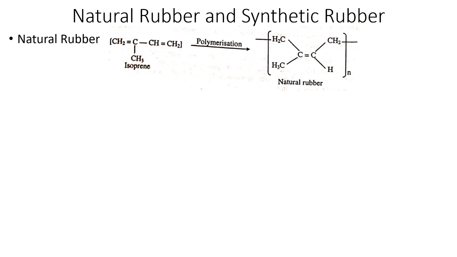The latex is a colloidal solution of rubber particles in water. The latex is coagulated by acetic acid or formic acid, or potassium or ammonium alum.